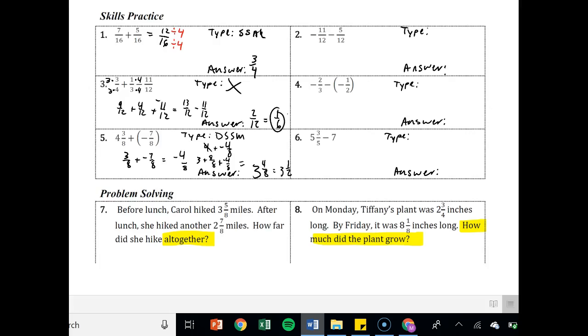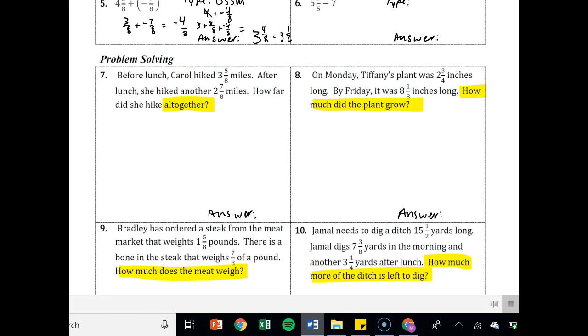So let's go on to number 7. It says, before lunch, Carol hiked 3 5/8 miles. After lunch, she hiked another 2 7/8 miles. How far did she hike altogether? Altogether obviously means we're going to add 3 5/8 plus 2 7/8. Add this up because this is the same signs, add, keep. So that gives us 5 12/8, right?